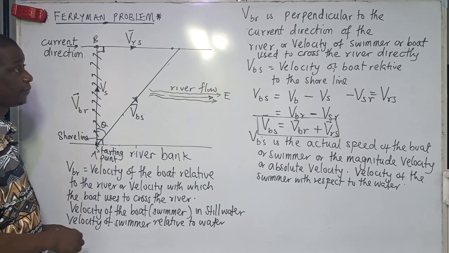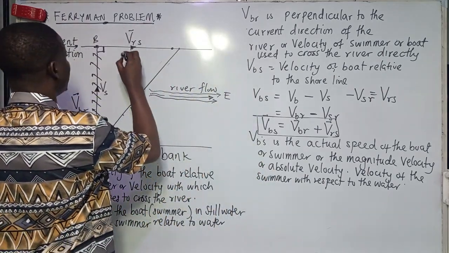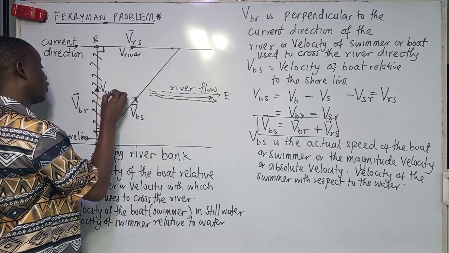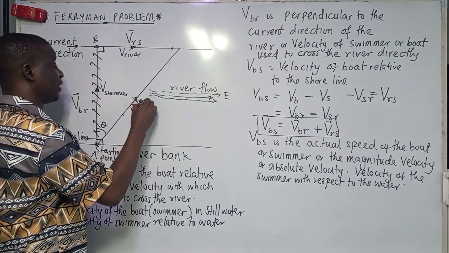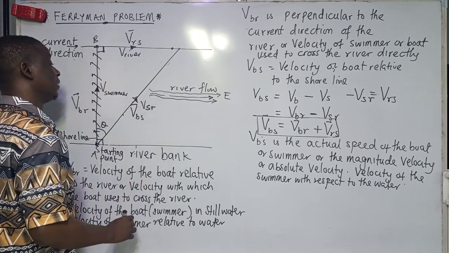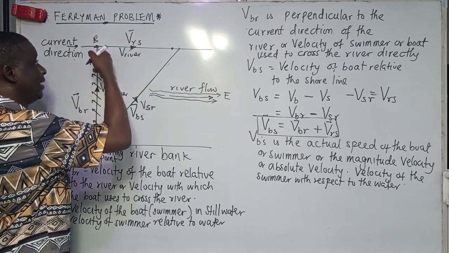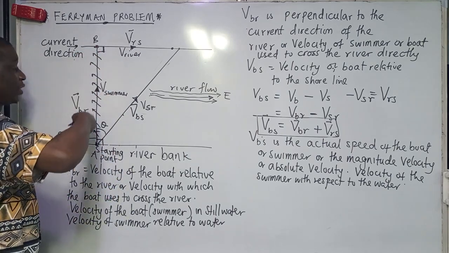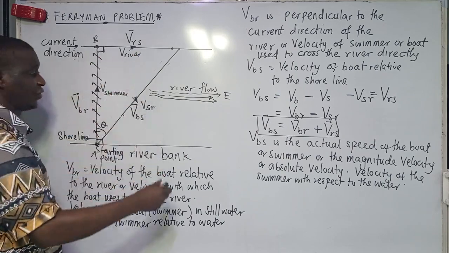Now, if the question also says, don't forget I told you this is the velocity of the river, while this one is the velocity of the swimmer relative to the river. This is the velocity of the swimmer in still water. Don't forget, they can say velocity in still water. Now the river velocity or the current velocity is that one.